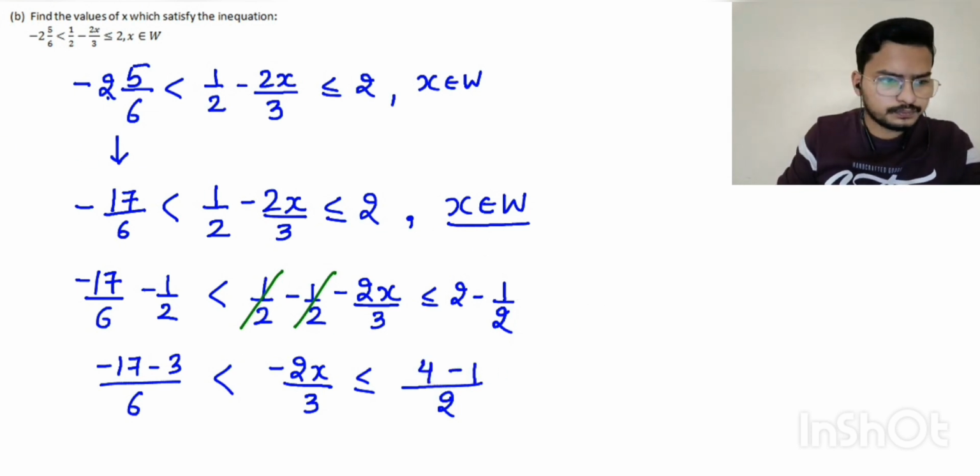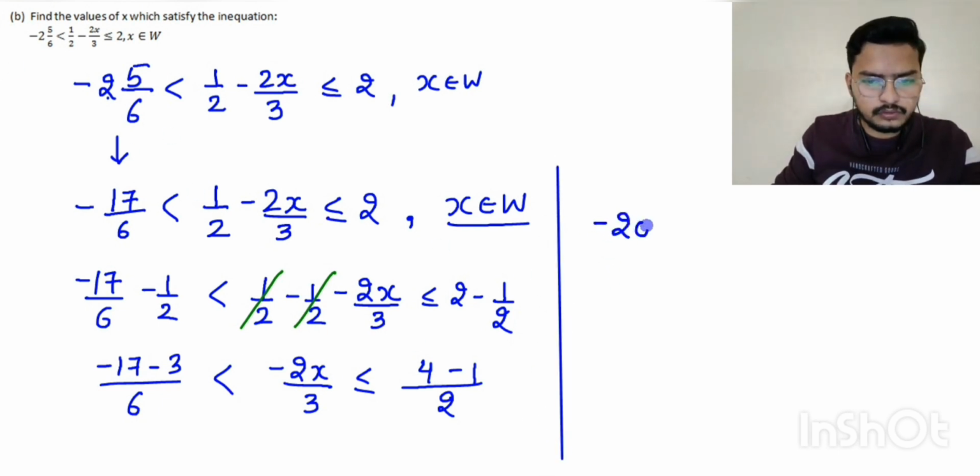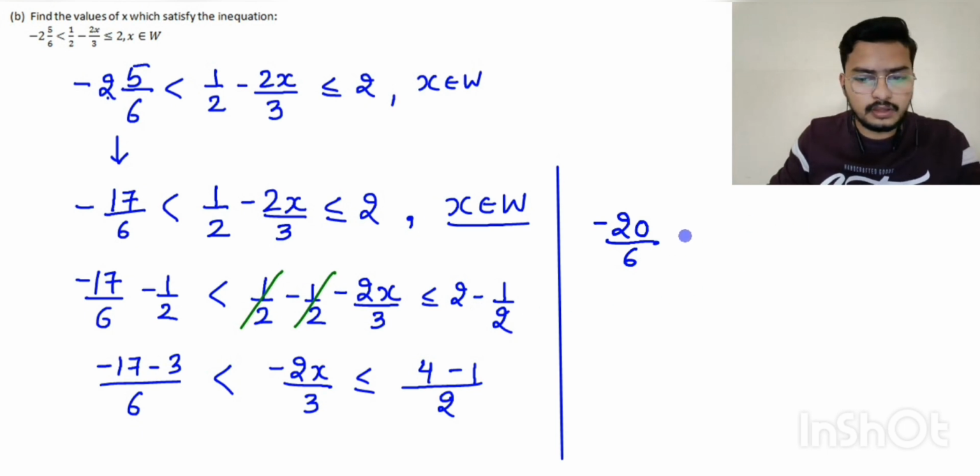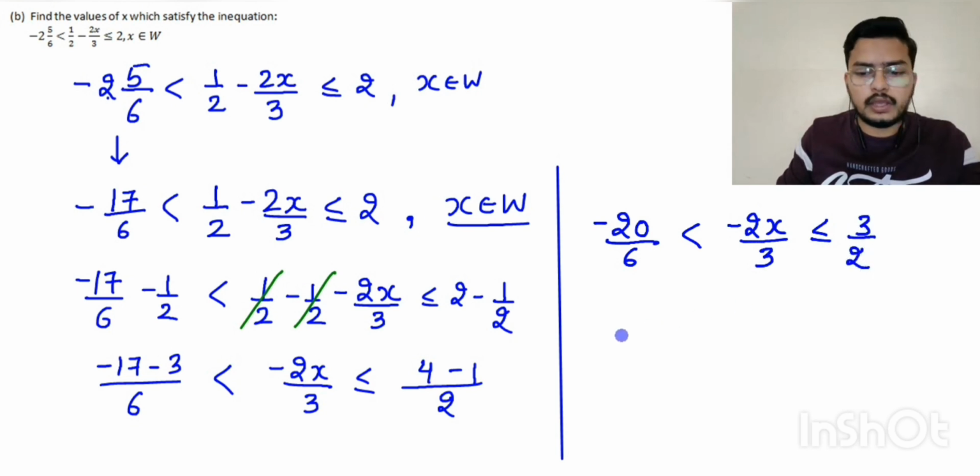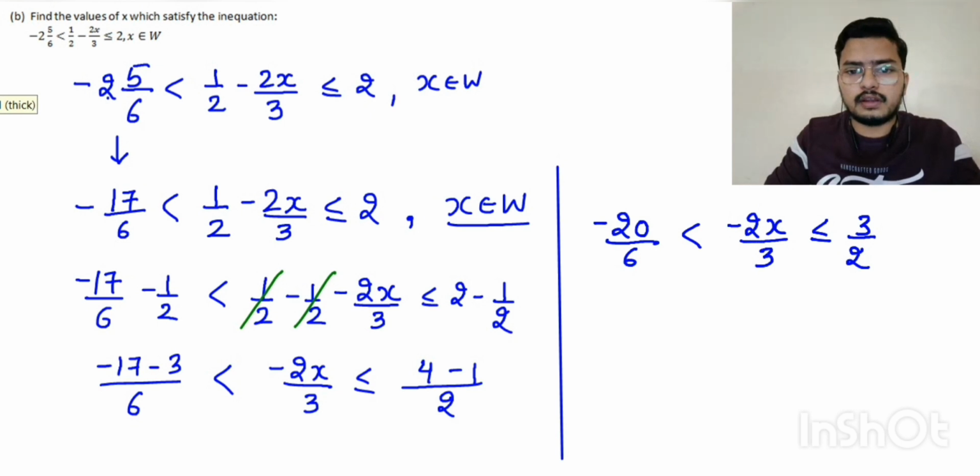So now look at the next part. The next part is minus 20 by 6, that means minus 17 minus 3 is minus 20 by 6, less than minus 2x by 3, then less than or equal to 3 by 2. So anyhow we have to remove first of all this 3, which is extra here. So how can we remove this particular 3?